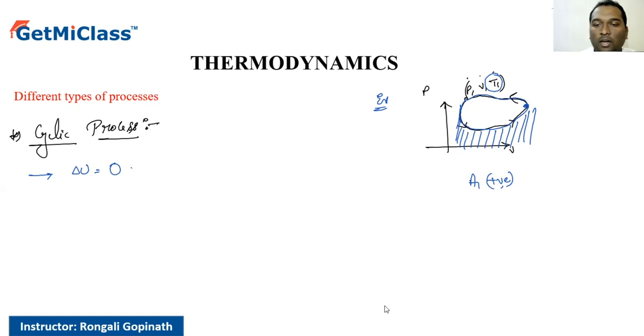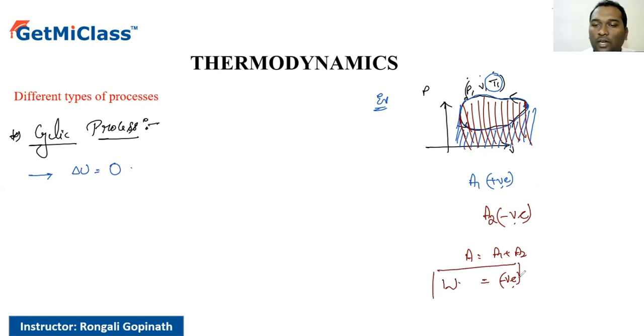Let's take the second part of the area, when volume is decreasing, A2, and it is negative, right? So which part is more? Yeah, so the total area is A1 plus A2, right? When you add these two, I know that the net area is negative. Net area is negative means basically it is the area under the PV curve, or it is the total work done. If net work done is negative, what does that imply? It implies heat is released by the gas.